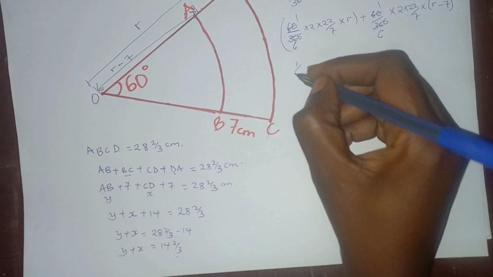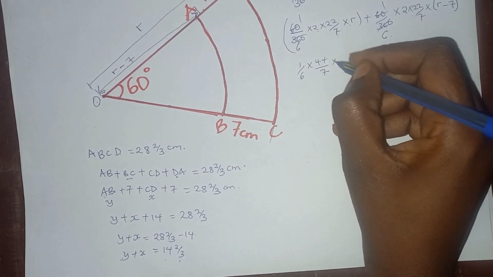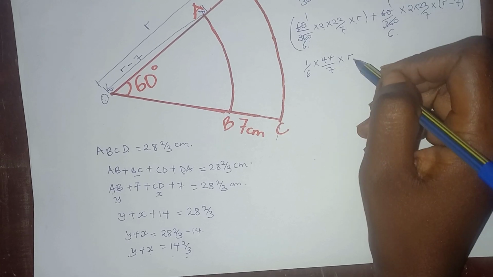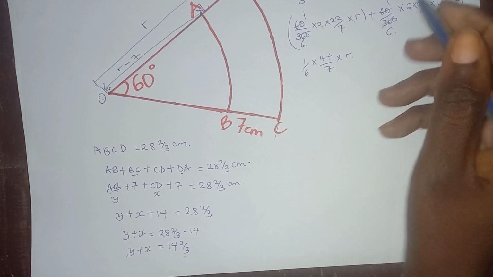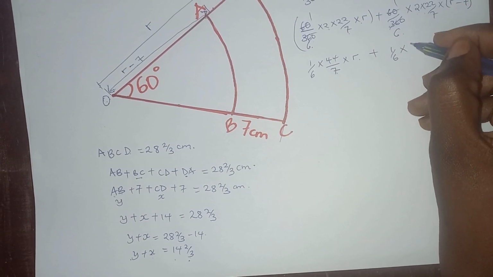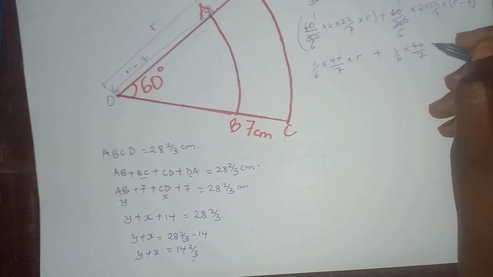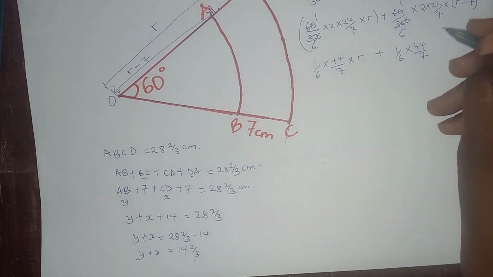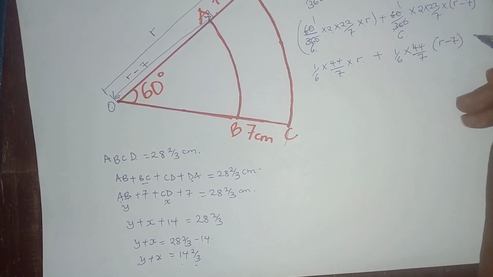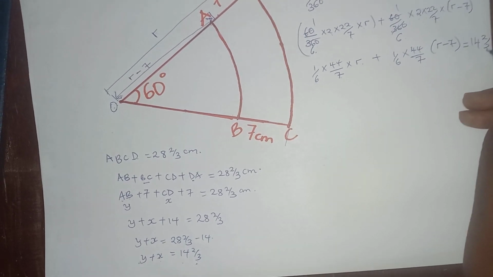That one will be 1 over 6 times 44 over 7 times r, plus 1 over 6 times 44 over 7 in bracket r minus 7. When we add this, we'll get the answer to be 14 and 2 over 3.